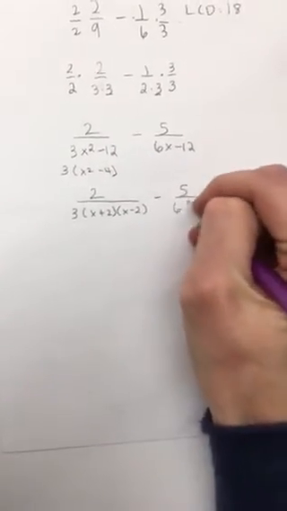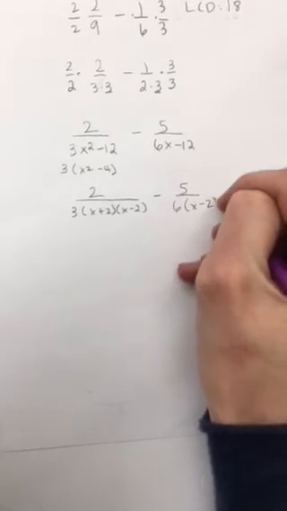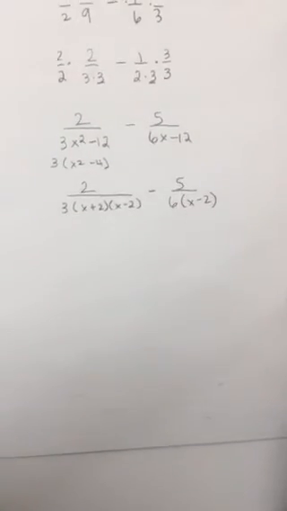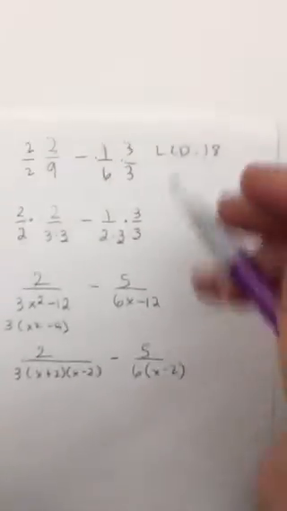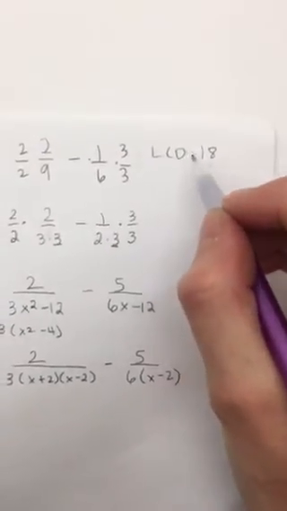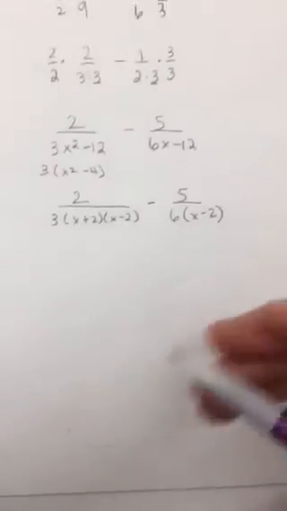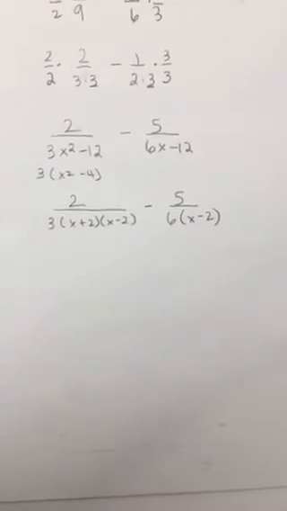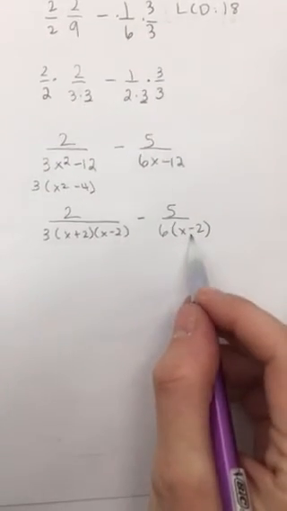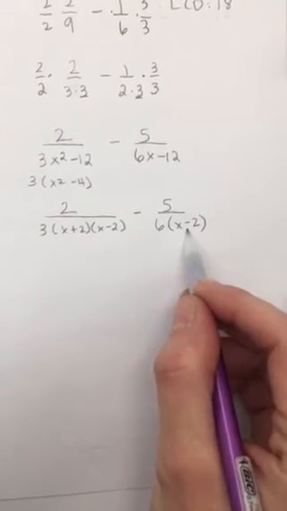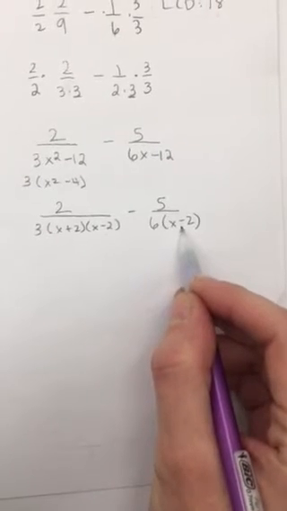Looks like a 6 times an x minus 2. All right, not too bad. So now I'm in this goal of finding a least common denominator. And the way we do that is really to look at the factored parts. They both have an x minus 2 in common, so I'm going to include that in my least common denominator.